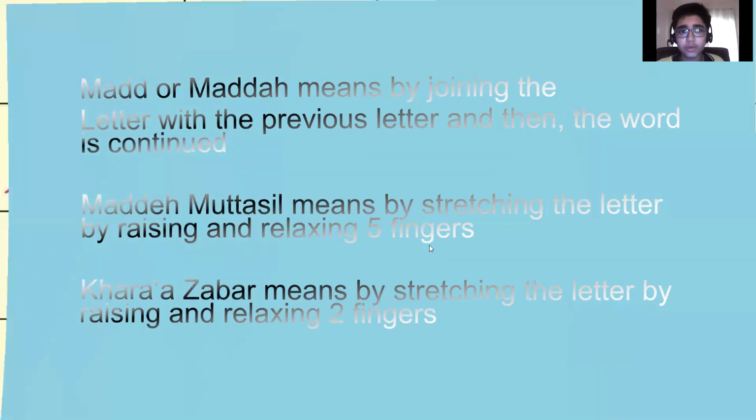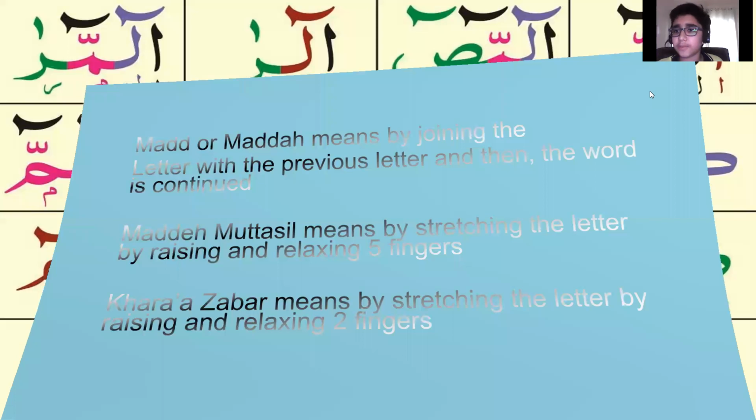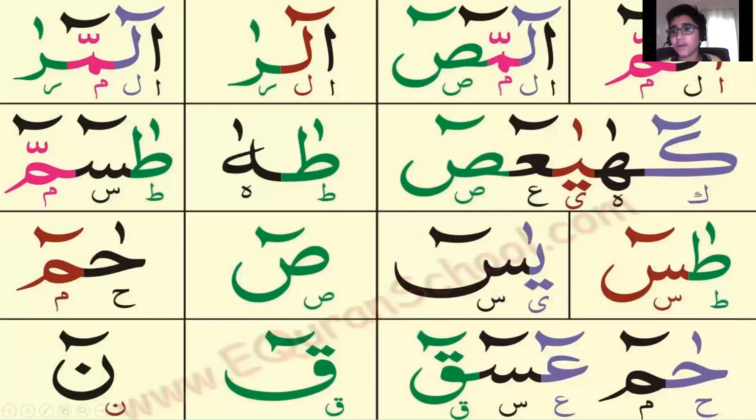I'll teach you how to read the separate letters together. Here we have separate letters like alif, lam, mim, alif, lam, mim, sad. We'll learn about them now. Okay, so let's start. Here we have our three letters.